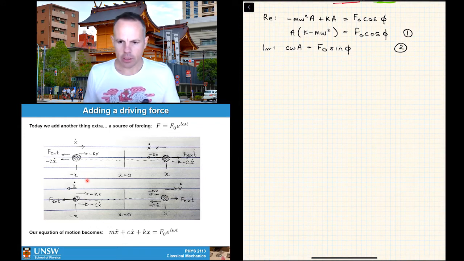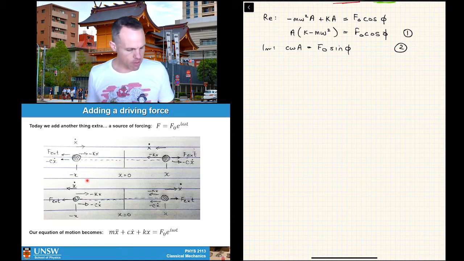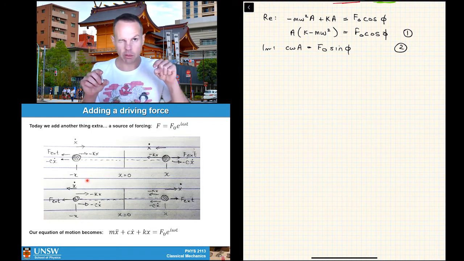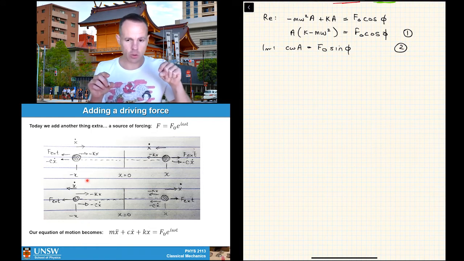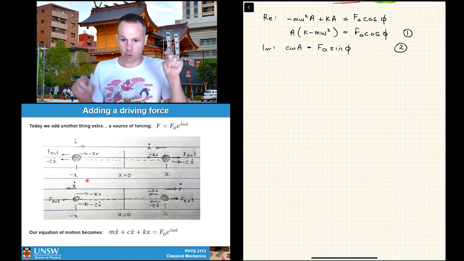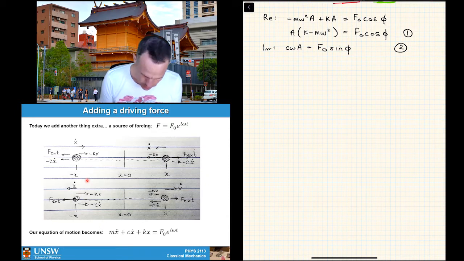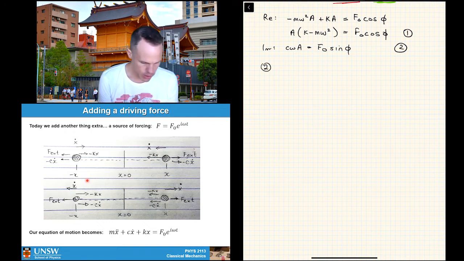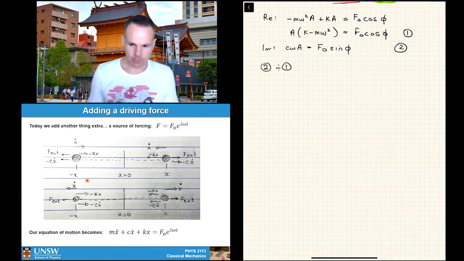All right, so we've got these two little equations, and then what we're going to do is very similar to what we did in either yesterday's lecture or the lecture before, I can't remember which one now. We're basically going to cluster the two parts together to get two new things. So the first one we're going to do here is take 2 divided by 1.